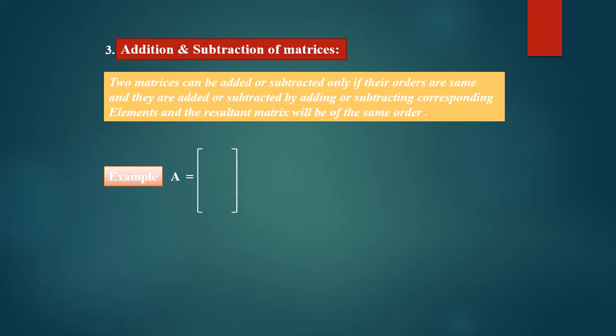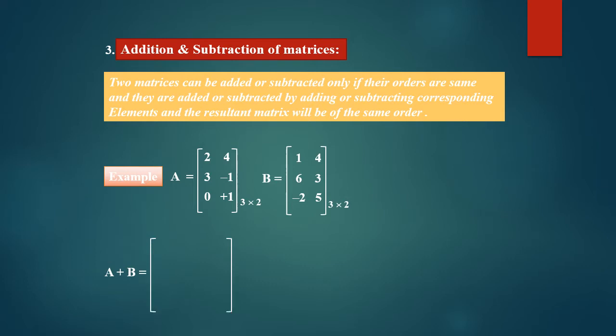Example, matrix A equal to 2, 4, 3, minus 1, 0, plus 1. Next, matrix B equal to 1, 4, 6, 3, minus 2, 5, 3, 2.